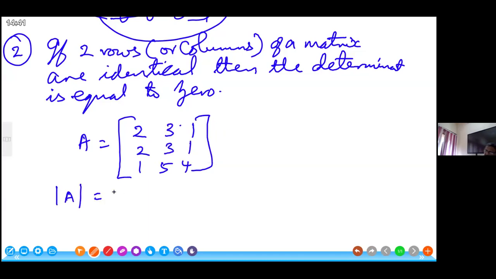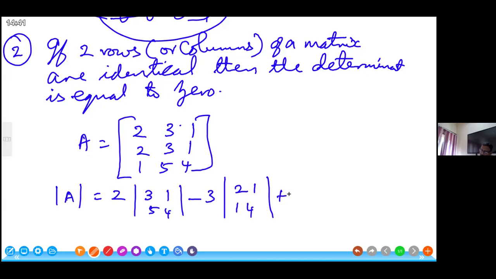Determinant of A is equal to 2 into cofactor of 3, 1, 5, 4, minus 3 into cofactor of 2, 1, 1, 4, plus 1 into cofactor of 2, 3, 1, 5.